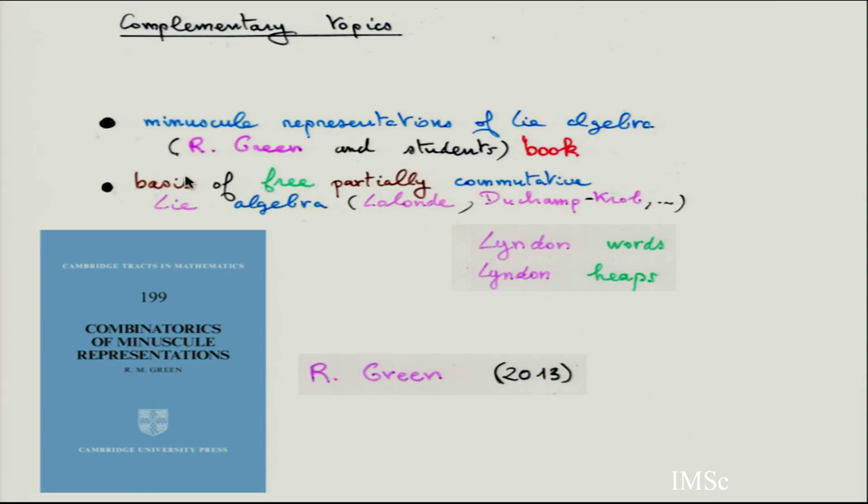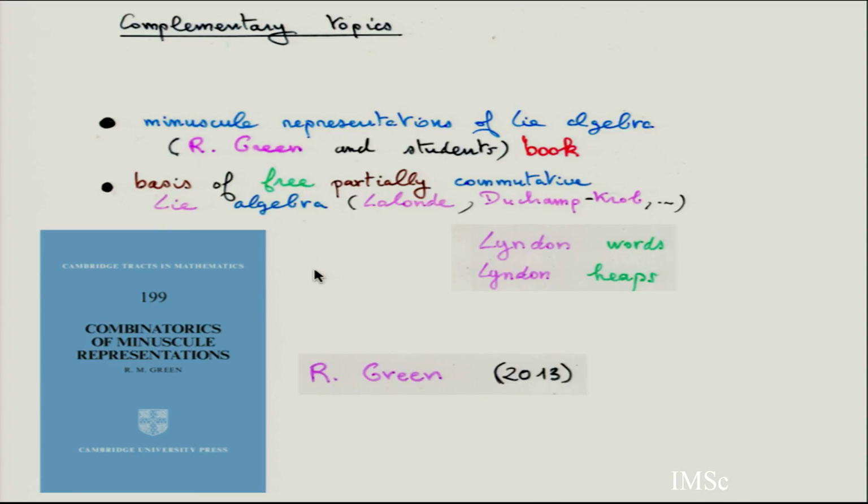There's also a basis of the free partially commutative Lie algebra. The commutation monoid is just a partial commutation of the letters, but you can associate a free partially commutative Lie algebra. It means you take the Lie algebra generated by the letters, where some letters commute, so the Lie bracket [A,B] is going to be 0, AB equals BA, and some letters do not commute.